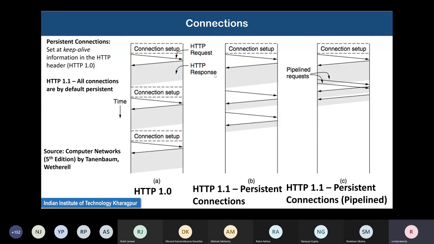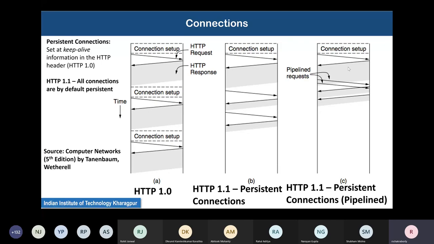If you notice the middle HTTP 1.1 persistent connection, one request was made, the corresponding data was sent, then another request was made. The connection was still there, but the repeated requests were not superimposed on one another. One request, then some data comes, then the next request, then some data comes, and so on.